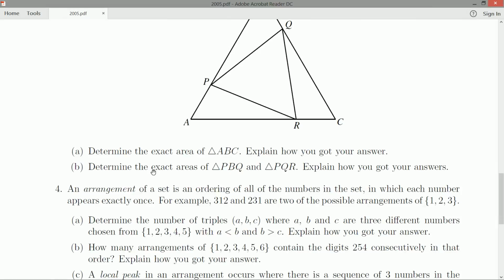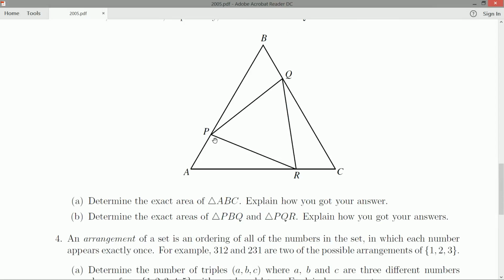All right. So B part, determine the exact areas of PBQ and PQR. PBQ is one of these 3 triangles. PQR is this guy in the middle, and I've said by symmetry he's equilateral.